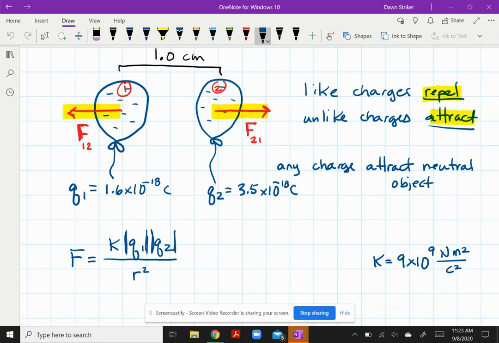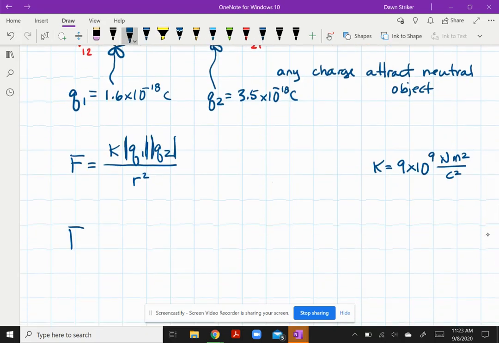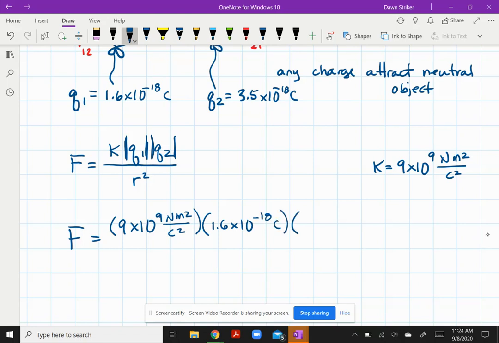So in this case, plugging in, the force between those objects is going to be 9 times 10 to the 9 newton meters squared per coulomb squared, times the charge on the first balloon, 1.6 times 10 to the negative 18 coulombs, times the second balloon, 3.5 times 10 to the negative 18 coulombs, divided by the distance in meters squared. 1 centimeter is 0.01 meters, squared.